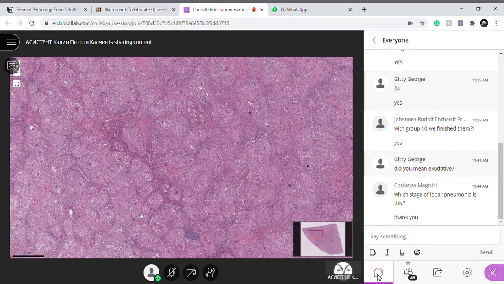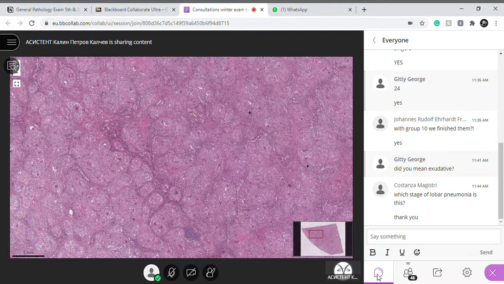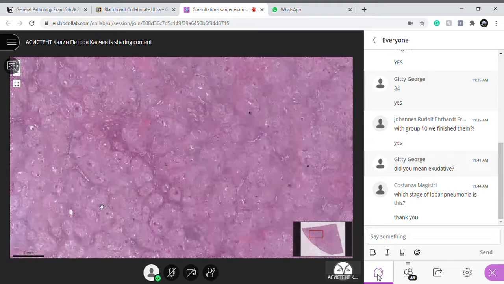In contrast to tuberculosis, where I showed you that there were granulomas and necrotic areas of different size and different shape, here these granulomas are all one shape, and they are relatively uniform.